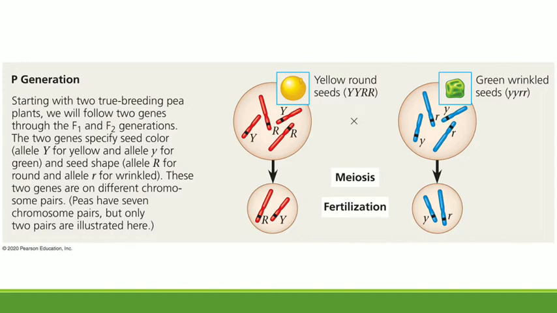In this other true breeding parent that we started with, similar situation, except that they end up putting into their gamete a chromosome that's carrying the wrinkled and the chromosome that's carrying the green allele. Okay.